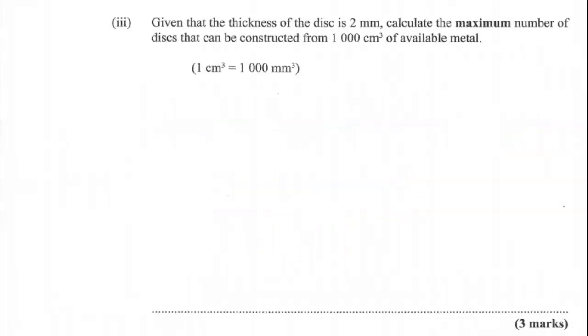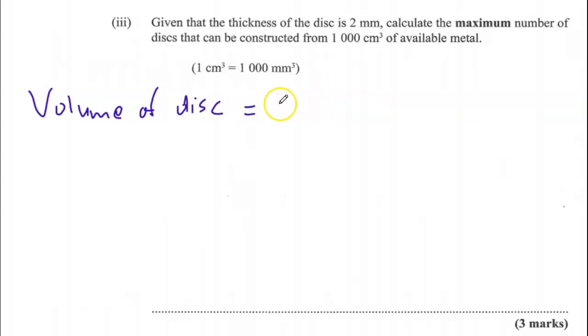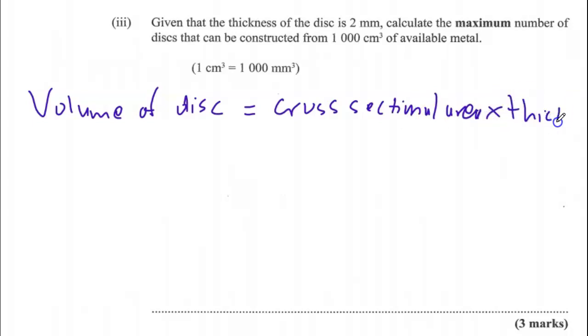Given that the thickness of the disk is 2 millimeters, calculate the maximum number of disks that can be constructed from a 1000 cm cube of available metal. So we need to find the volume of the disk. Volume would be cross-sectional area times the height, or in this case thickness.